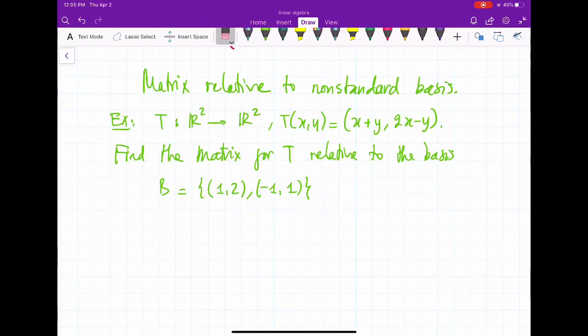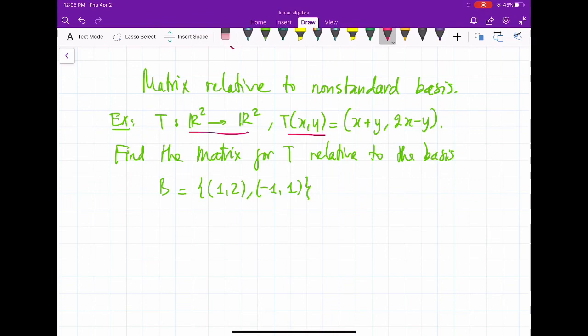Now let's talk about how to find the matrix relative to a non-standard basis when you go from one basis to another, right? We have a linear transformation T in R2 such that T(x, y) equals (x plus y, 2x minus y).